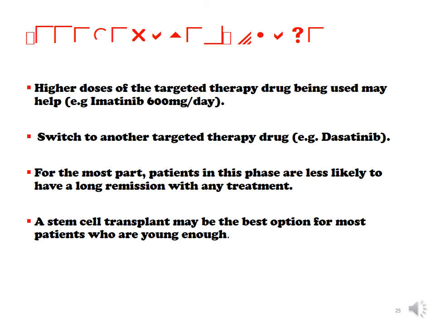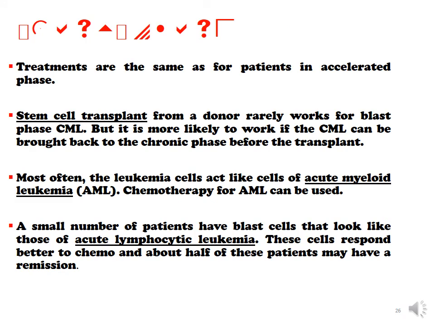Now the accelerated phase: here the patient starts to progress to the accelerated phase. You could give a higher dose of imatinib or switch to a second-line TKI. These patients mostly are not going to give a significant response, so you have to do allogeneic transplantation.